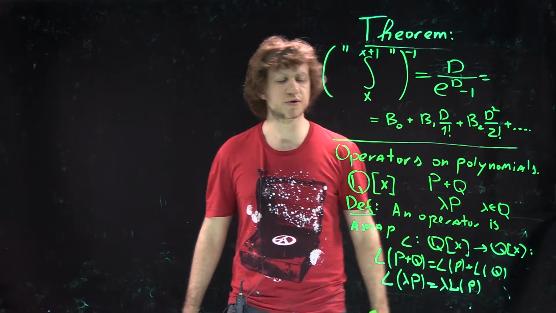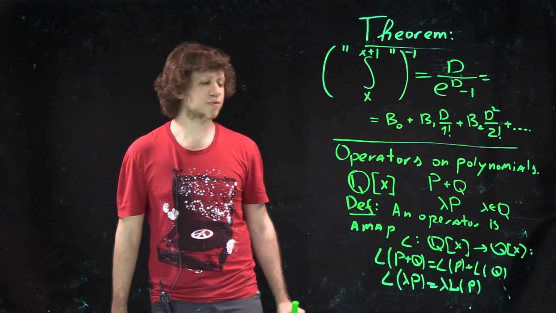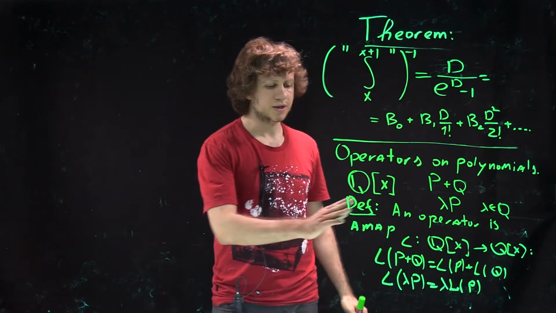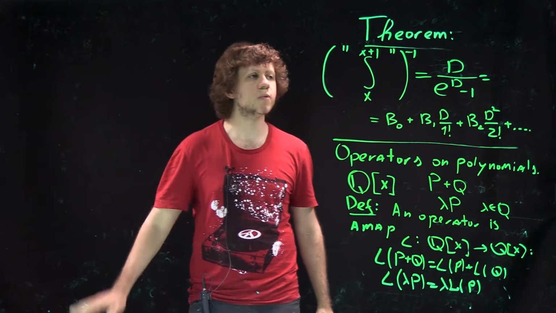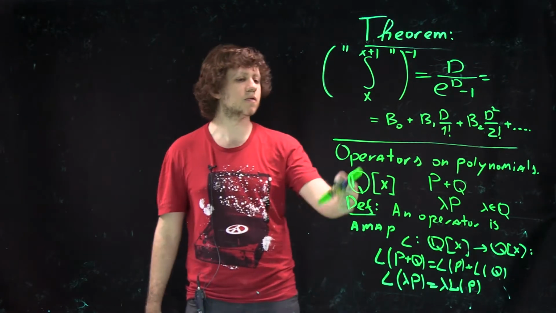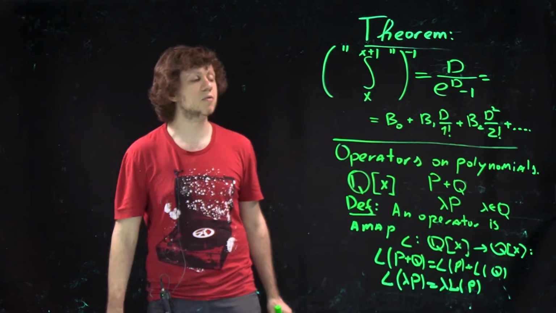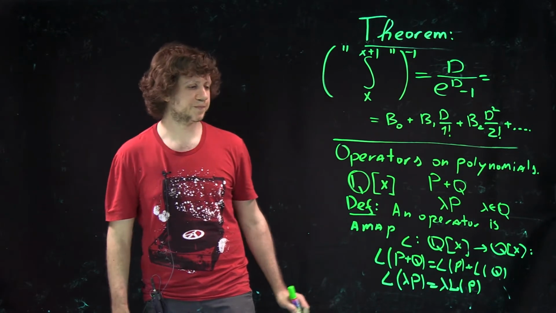So in linear algebra, these are called linear maps, and linear algebra studies them in all detail. They are related to matrices and so on. We are not going to talk about it. Also, our vector space is infinite dimensional, so one should be slightly careful here.